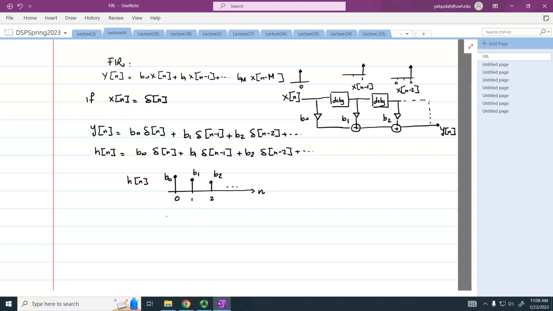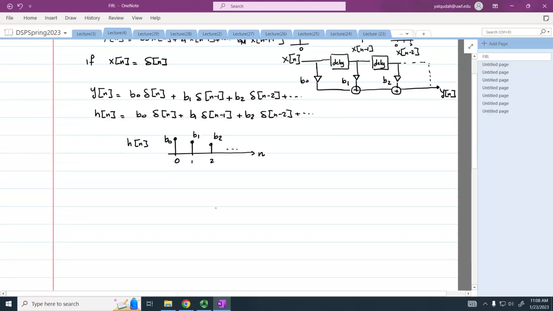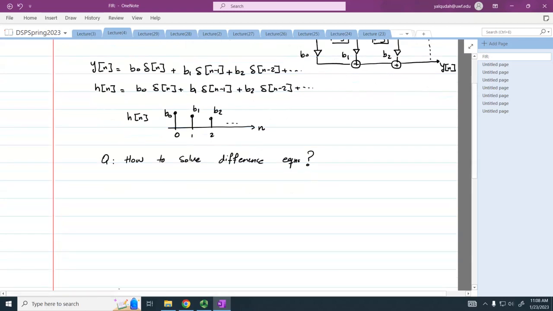Now, the last thing we're going to discuss here is how do we solve these difference equations. So let's take an example and see how we solve these difference equations.